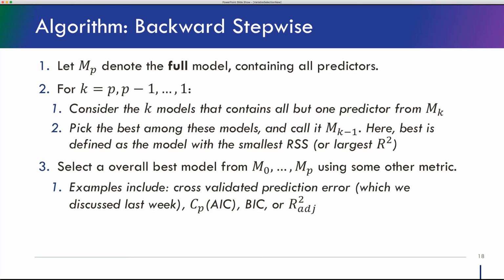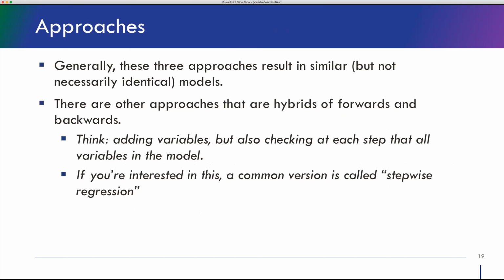We talked about stepwise selection, forward stepwise and backward stepwise. These approaches actually give you a similar model in the end, but not necessarily identical, because their algorithms are slightly different. There are some other approaches that are hybrids of forward and backward.